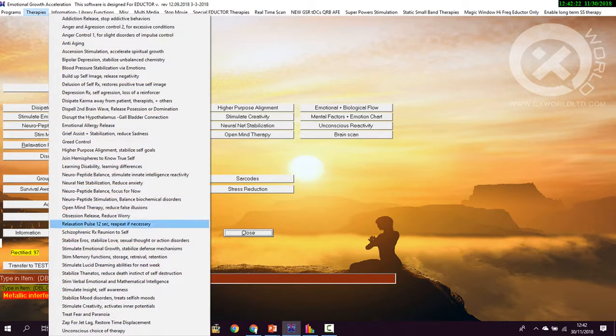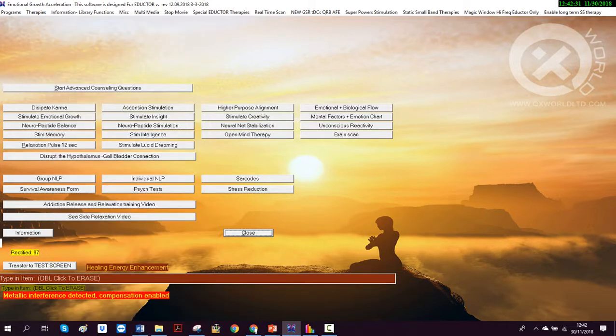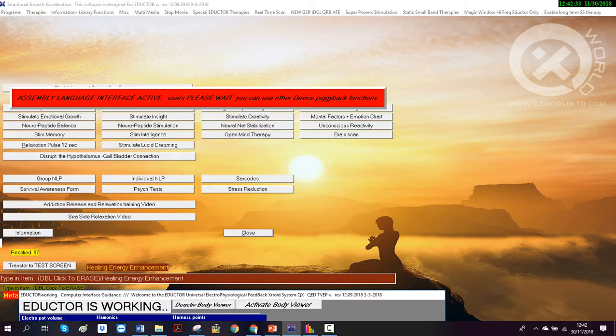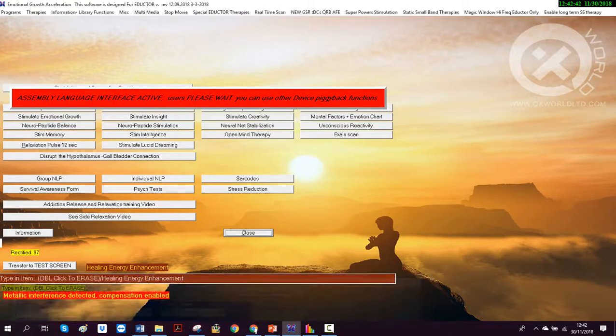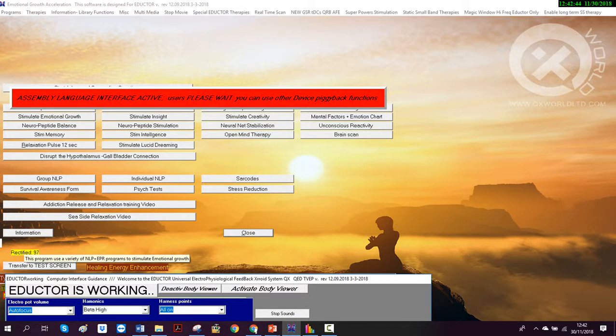We can just look at fear and paranoia or anger or all of those therapies. If we do this therapy, it will look at the emotion behind this, okay? And it will give us a rectification. We can be a little bit more specific in the emotion. We will show you how it works.